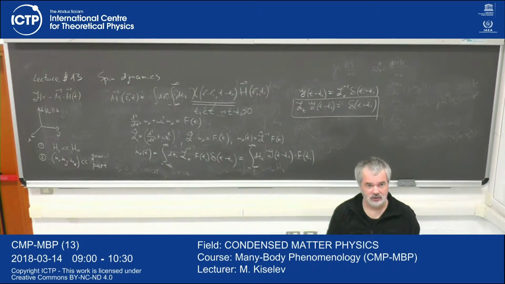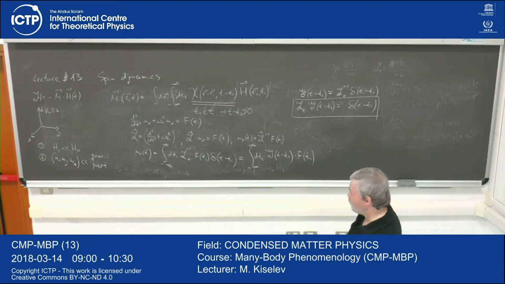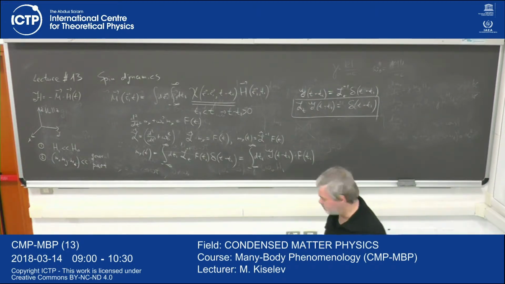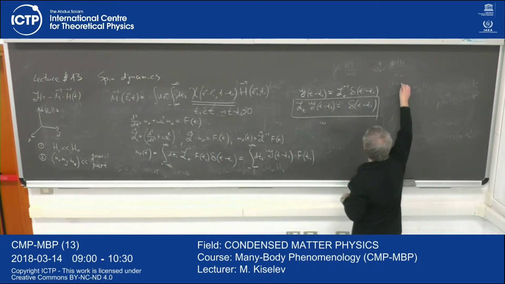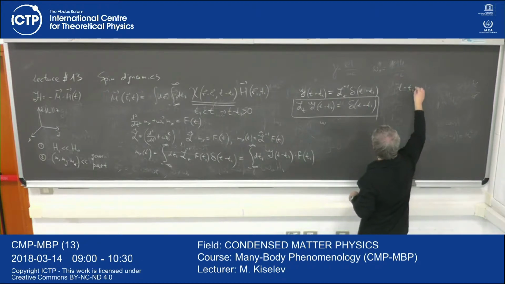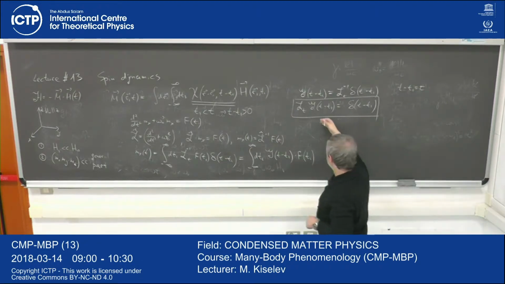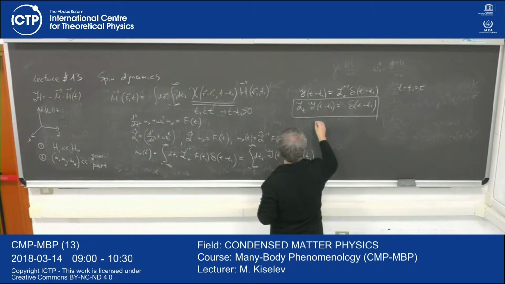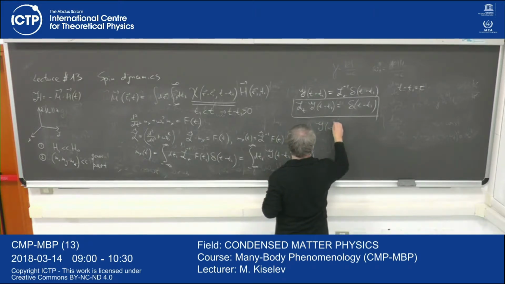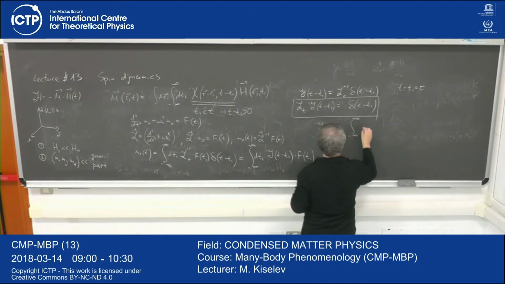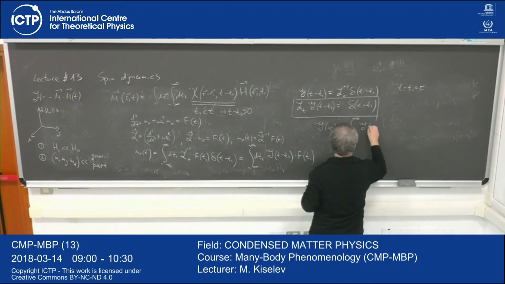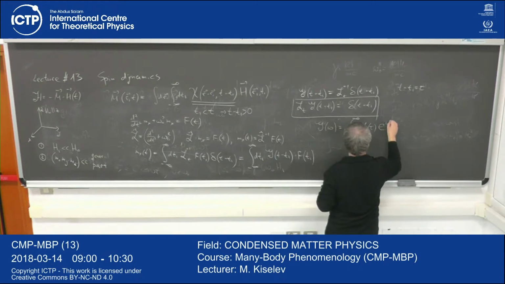Now I will solve this equation applying Fourier transformation. First of all, I denote t minus t1 equal to tau. I say that g(omega) is equal to the integral from minus infinity to infinity of g(tau) e to the power i omega tau, d tau.